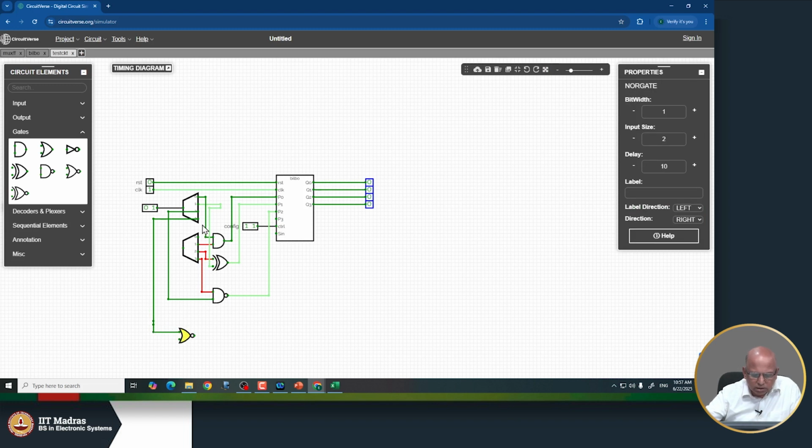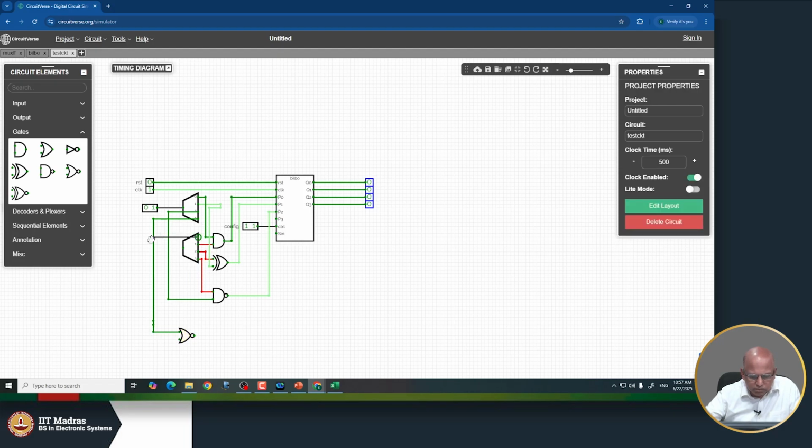So I took the third output and here I can take the first output. And this can go to the P3.